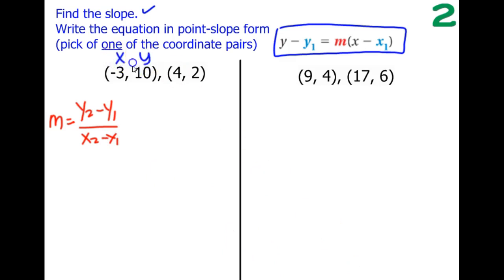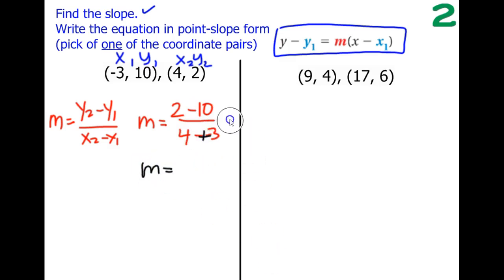So I'm going to label these xy first point, second point, and plug them in. y2 minus y1, we have 2 minus 10. x2 minus x1, we have 4 minus a negative 3. Those two negatives make a positive. 2 minus 10, that's negative 8. 4 plus 3 is 7. So there's our slope.